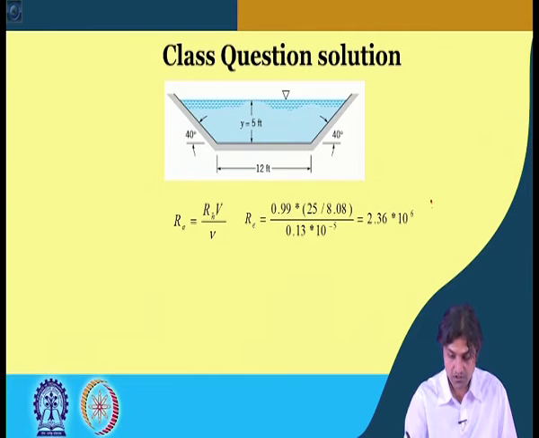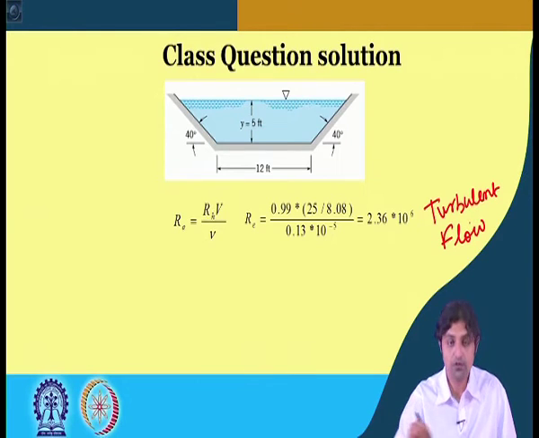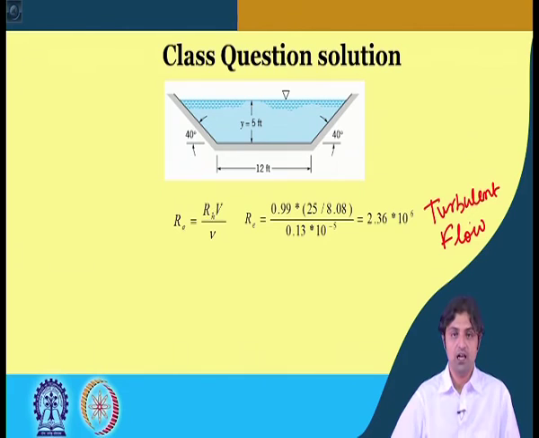So, this is turbulent flow. As we have discussed, most of the flows in principle in open channel flow will be turbulent. Froude number is V by under root g y, where y is the depth.